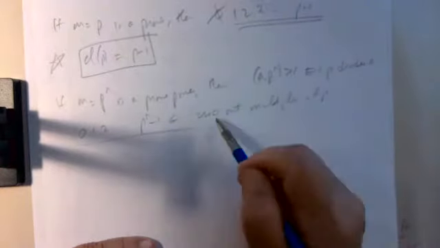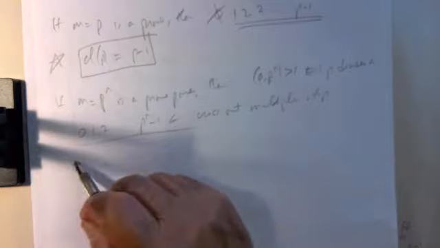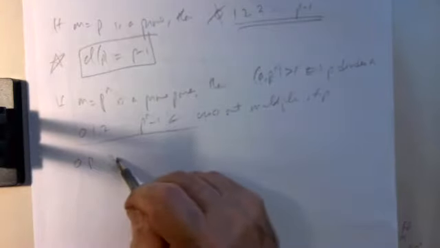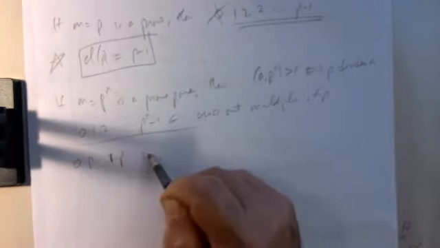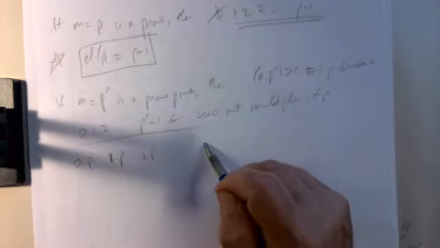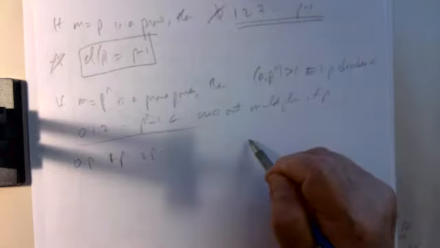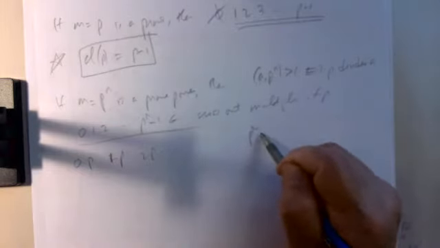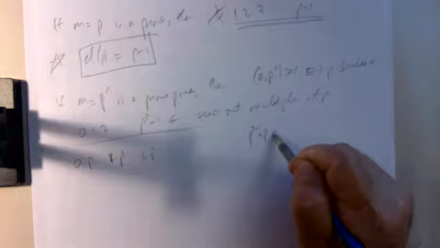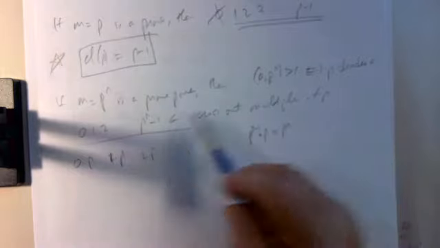of p. So what are the multiples of p? I have 0 times p, 1 times p, 2 times p. When I get to p to the r minus 1 times p, that's p to the r, that's too big.